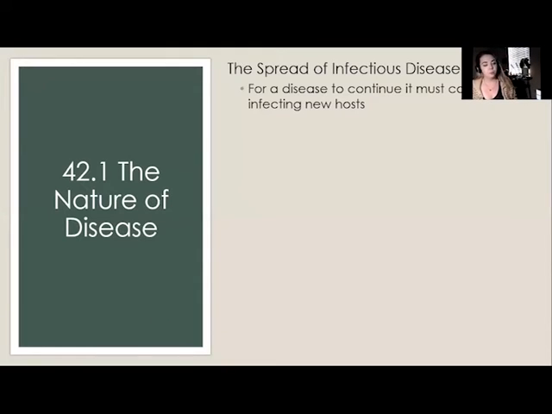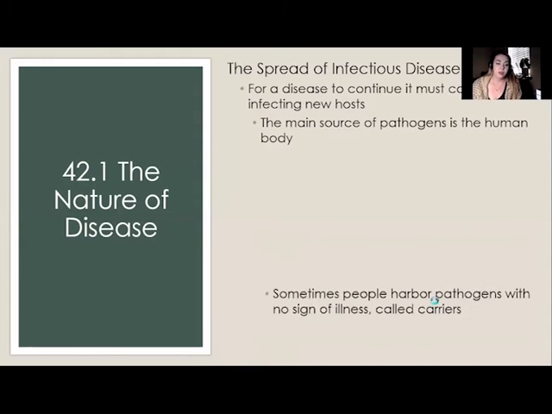Now, the spread of infectious disease can happen in a lot of different ways. And I am going to talk a little bit about the coronavirus while I discuss the spread of infectious disease. In order for a disease to continue in the first place, the pathogen has to be able to infect new and increasing numbers of hosts. The main source of pathogens is actually just the human body.